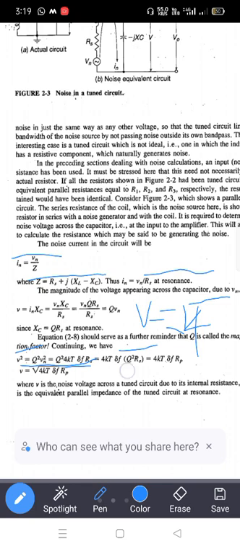So we have combined this Q square RS and we get here 4 kT del F Rp. So V equals 4 kT del F Rp. So this is the noise due to the tuned circuit or RLC circuit.